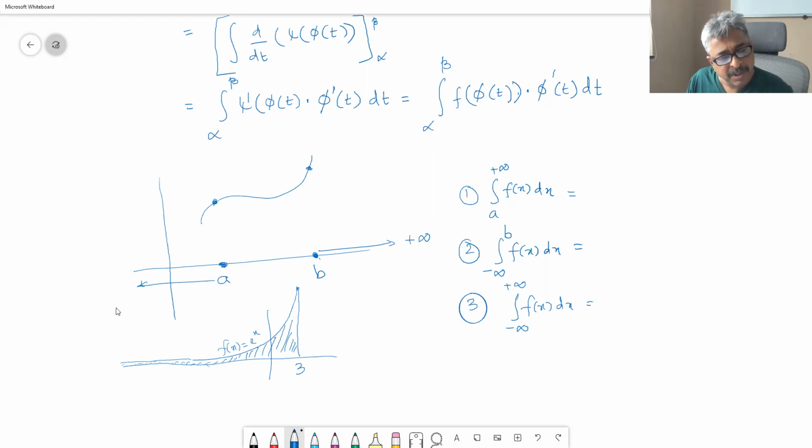Understood? So maybe this case, maybe the case on the other side, I start at -3 and this goes to plus infinity. Will I be able to find out this area under the curve? That is what needs to be considered, that is what we have to deal with in the first place. Once we are done with this, we should be able to deal with these examples.